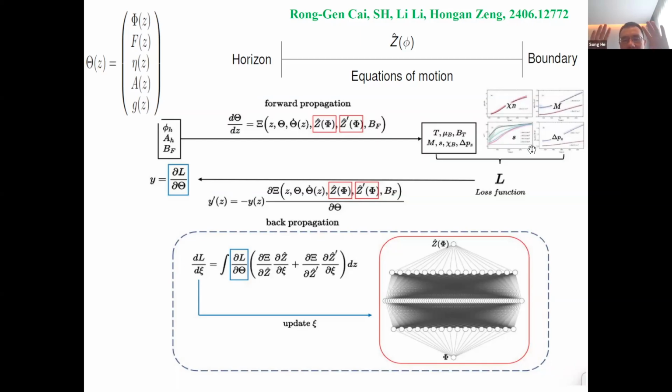So once we determine the four, all the thermodynamic quantities are exactly consistent with the latest simulation, etc.